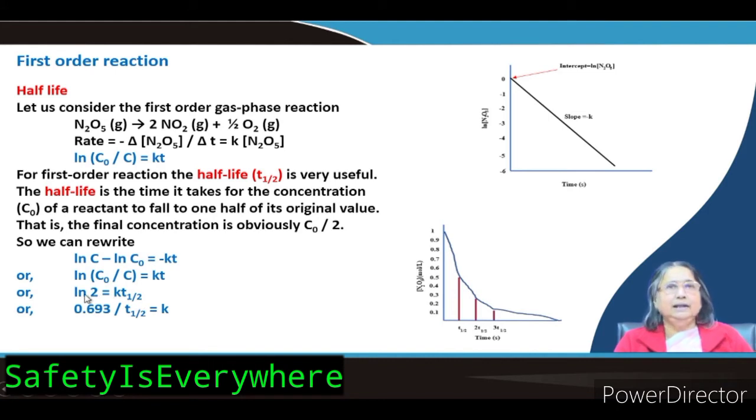The value of ln 2 is nothing but 0.693. So, 0.693 by T half is equal to K. So, K, the specific rate constant, is related to T half, or the other way you can tell, T half is related to K.